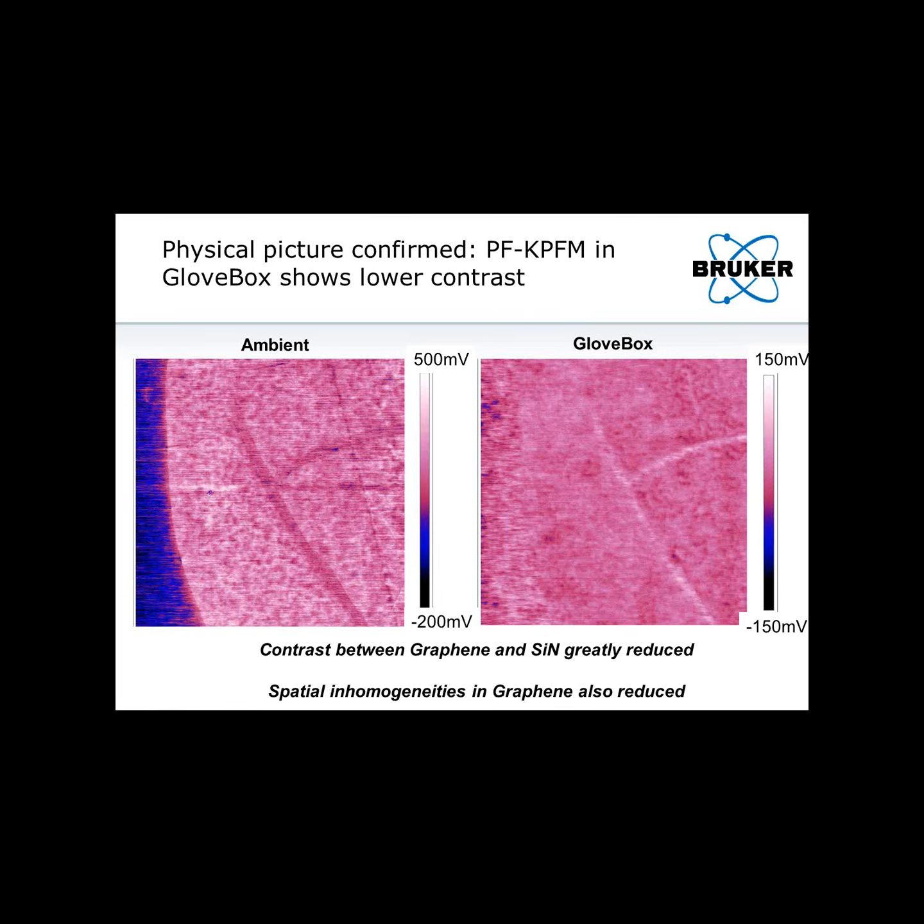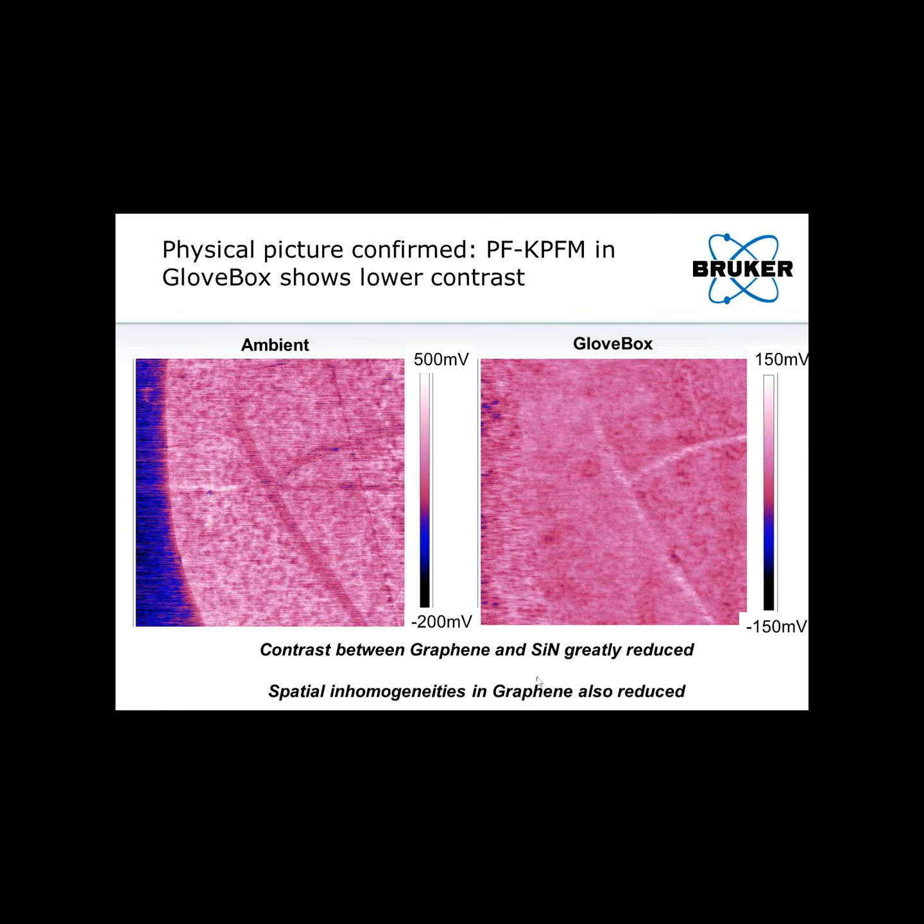So let me show you some results. On the left, you see the ambient data, and on the right, you see data in a GloveBox of the same exact region and the same tip. However, it's a different scale. But what is clear from this image is that the contrast between graphene and silicon nitride is greatly reduced.